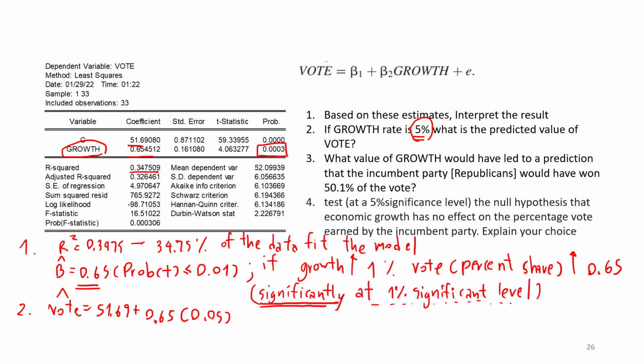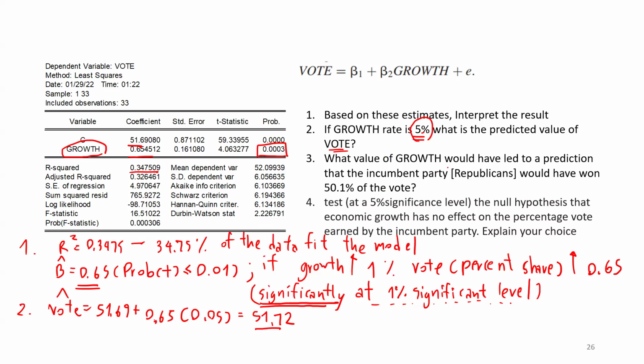And you will get 51.72, which means if the growth rate is 5%, they will get 51.72% of the vote.